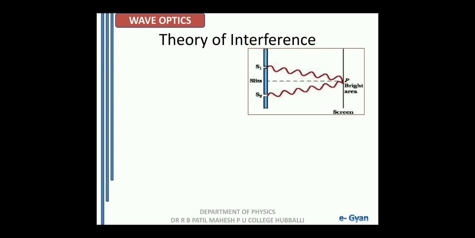Now to understand in detail, let us go with this diagram. We have two slits S1 and S2 from which two light waves are emanating, and these two light waves superpose each other at point P on a screen.